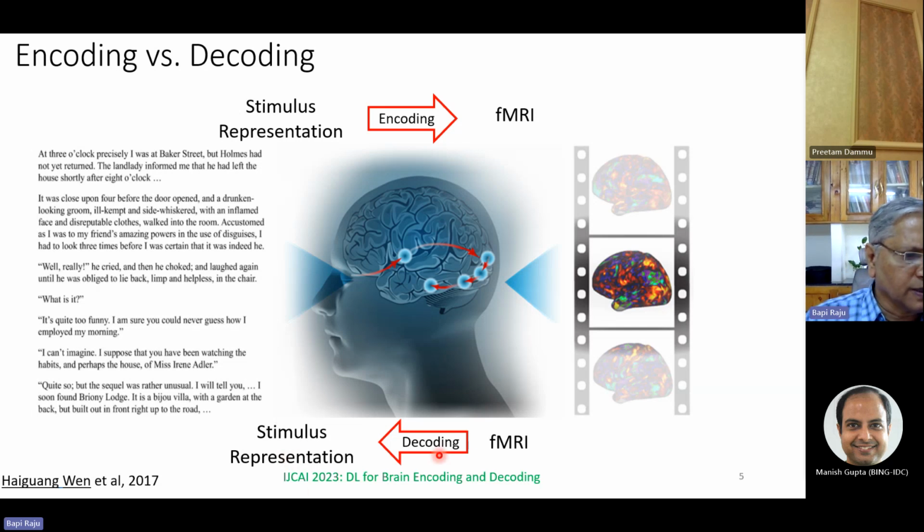Of course, this problem is much more complex, difficult, and in some sense ill-posed, in the sense that there are many representations compatible with the same brain activity. The brain is also a complex dynamical system, so its activation may not be related to a single stimulus representation.